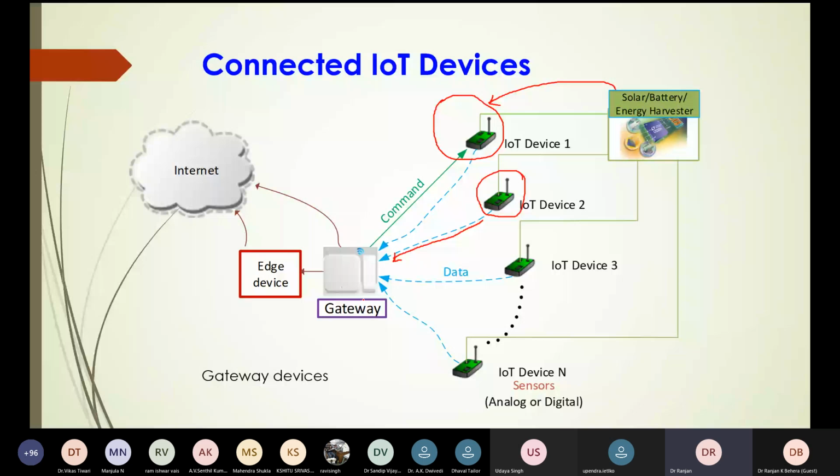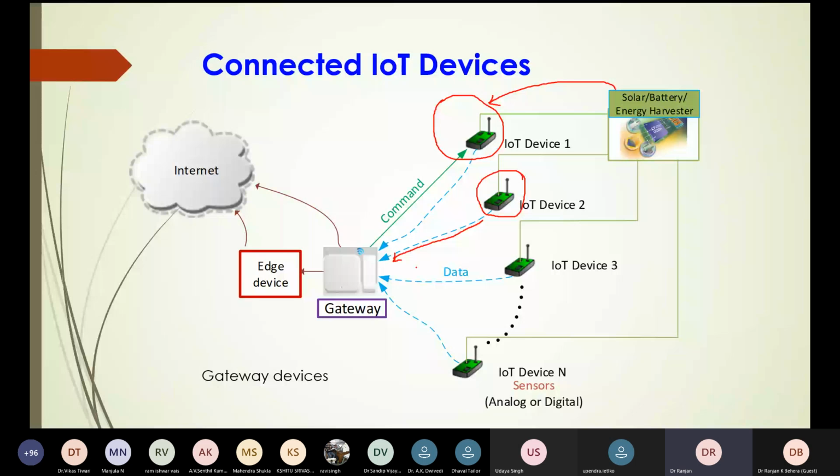And the sensor itself is a big class, so we are not going to talk about the sensors. Last week I got 37 sensors, whatever is available in the world today. These sensors may be digital or analog, and they are processed through this gateway.